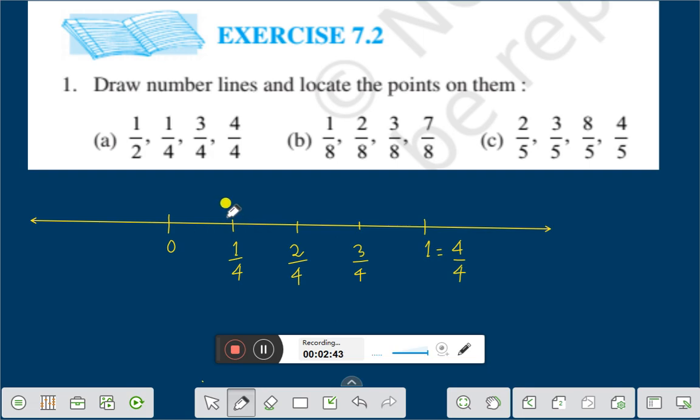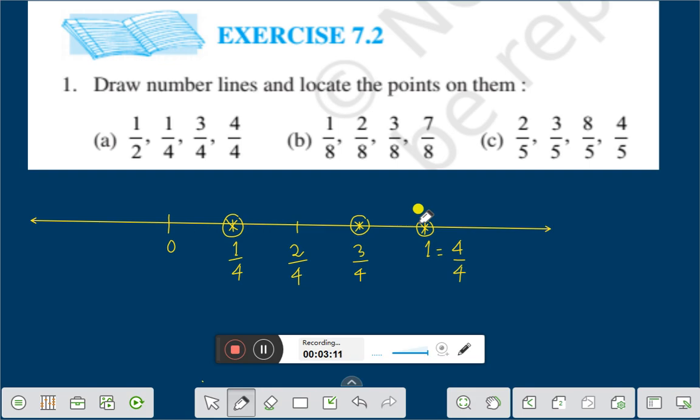Therefore, this point is 1 by 4. 3 by 4. This part is 3 by 4. And 4 by 4. That is 1. 4 by 4 means 1. Right? In this way, you can represent the other numbers also.